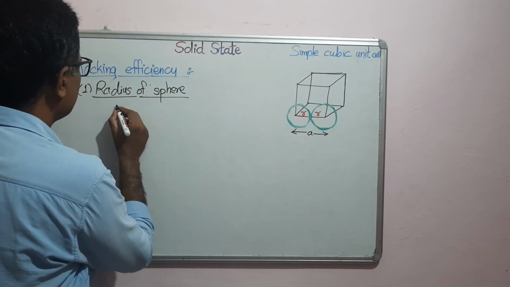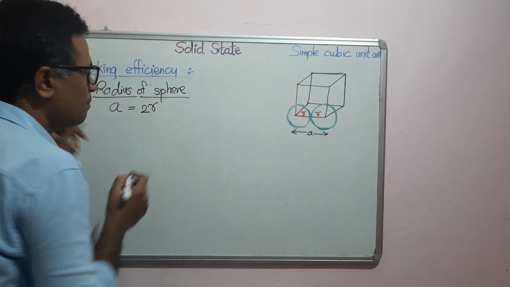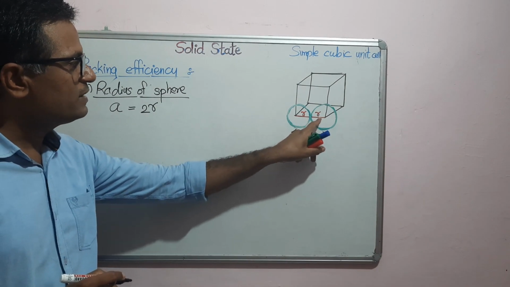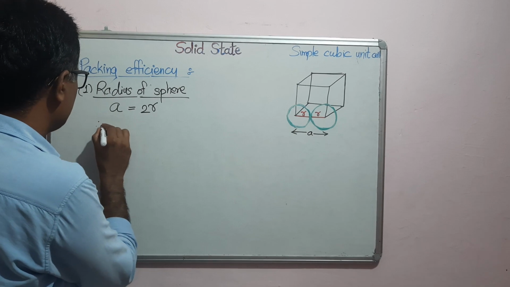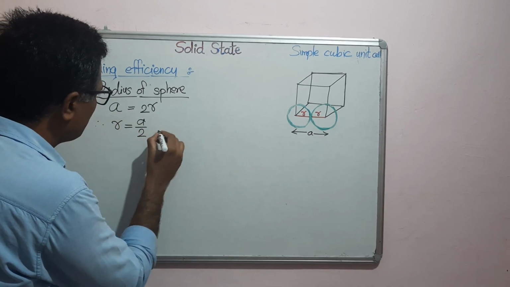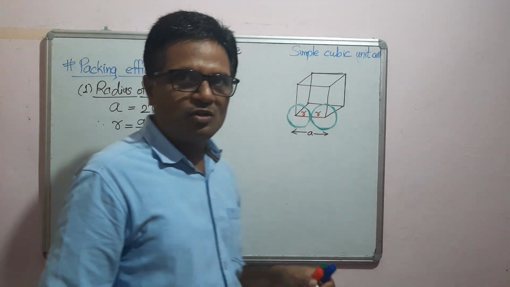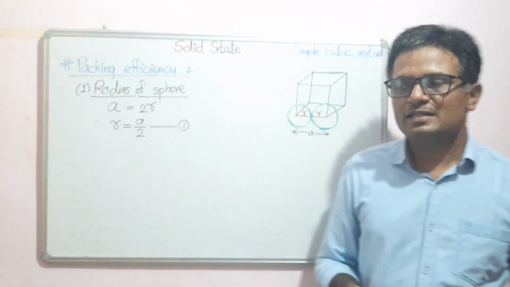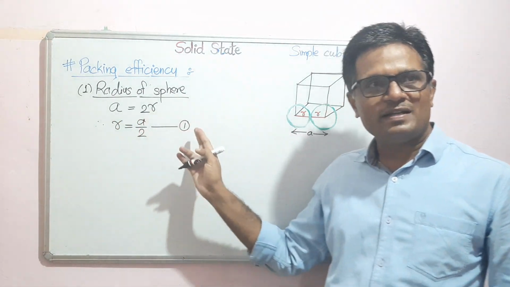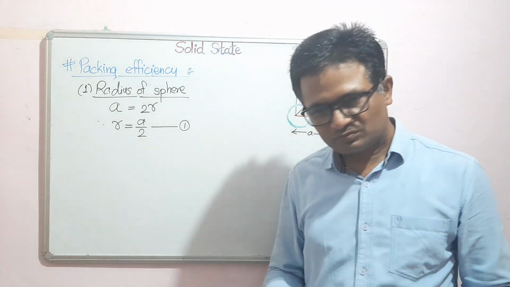So A is equal to 2R. Edge length is this R plus this R, meaning 2R. So from this R is equal to A by 2. This is equation number 1. So in case of simple cubic unit cell, edge length is equal to twice the radius, 2R, or radius is equal to edge length by 2.